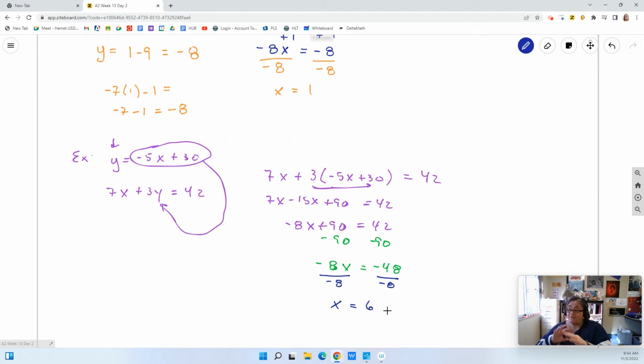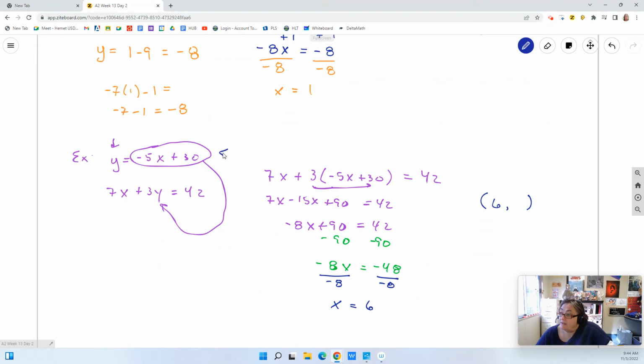6. So we have found the first value of our solution, right? We know the x value is going to be 6. We don't yet know what the y value is going to be. But it doesn't matter because all I have to do is take that x value now and plug it into one of the equations.